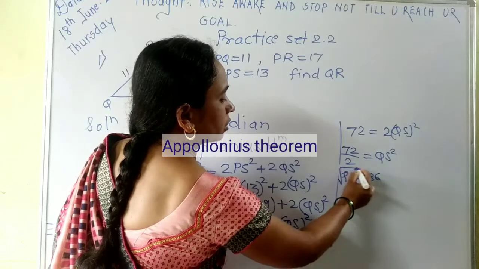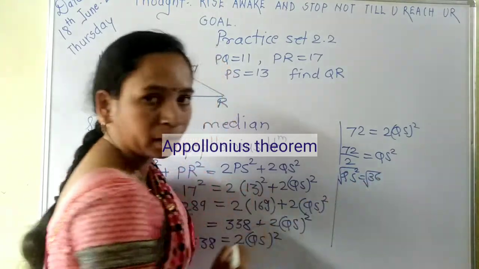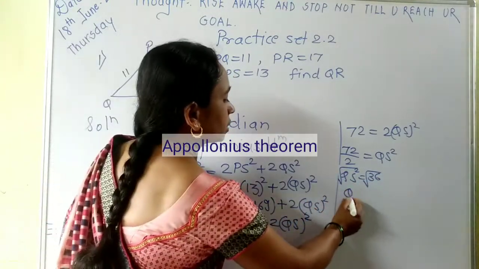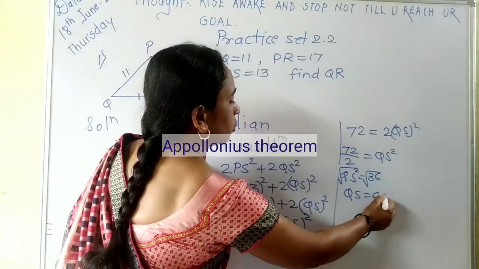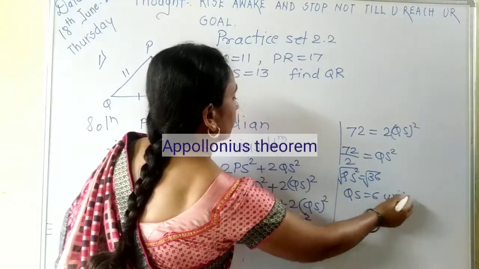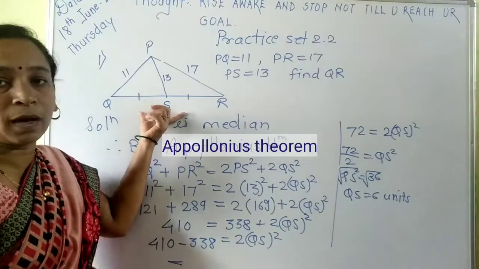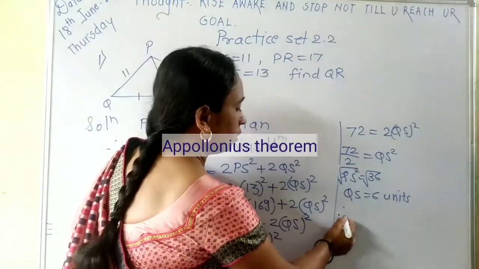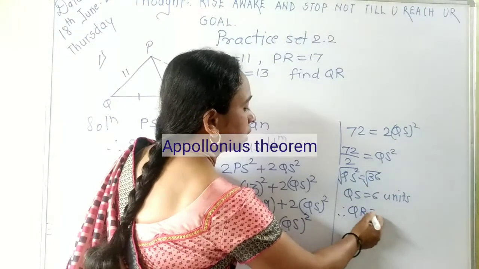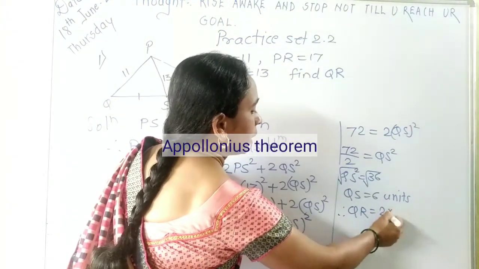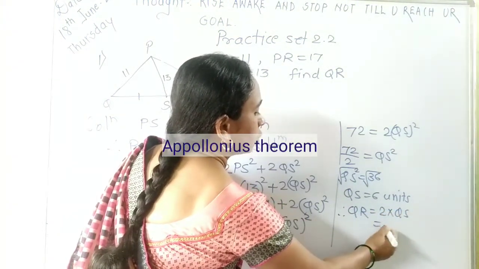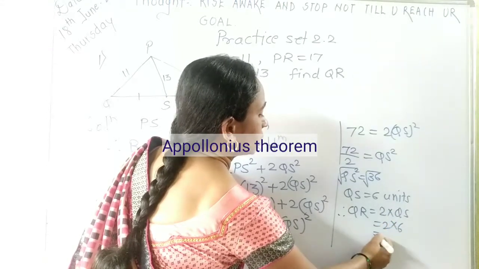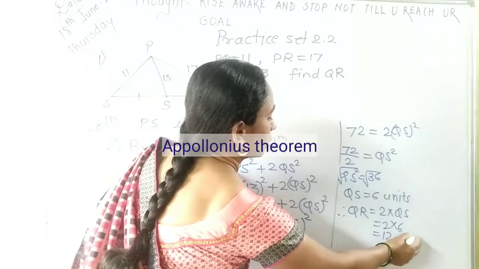If you take the square root on both sides, then QS is 6 units. We have to find QR, which is double of this QS. So QR is equal to 2 multiplied by 6, which is 12 units.